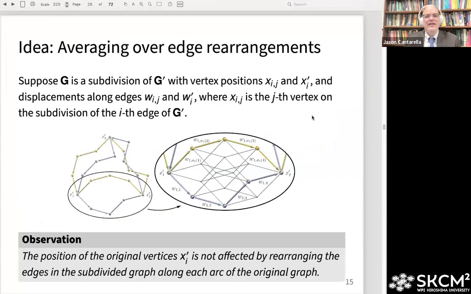So here's an idea. Suppose we have an embedding of one of these subdivided graphs. So let's just say I have this blue embedding of the subdivided graph. That is a path connecting the vertex x1 prime to x2 prime, another path connecting x2 prime to x3 prime, and a third path going back to x1 prime.